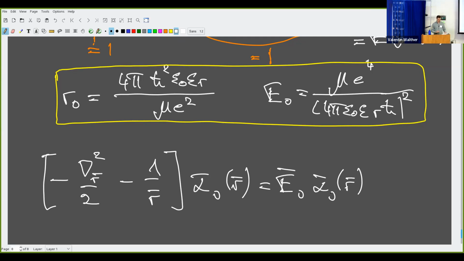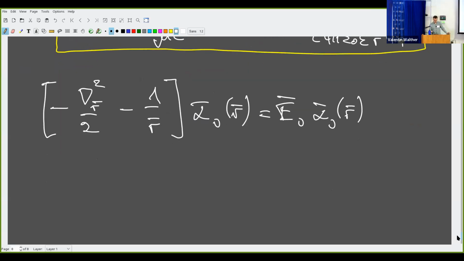So that's the scaled equation. And you see that this equation is just a hydrogen equation in its simplest form.